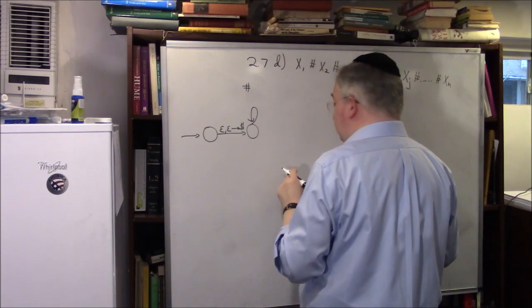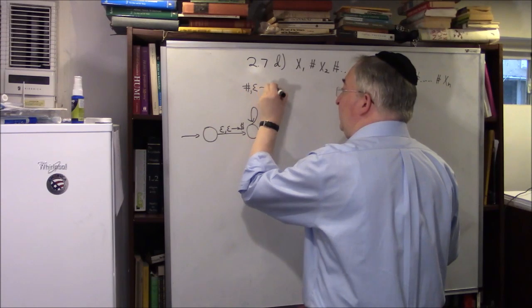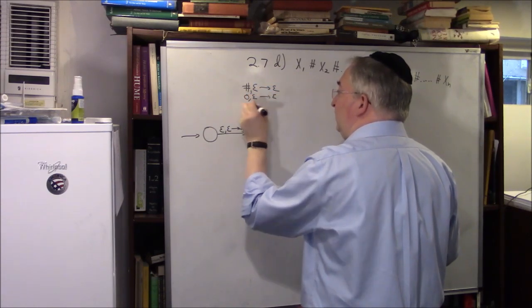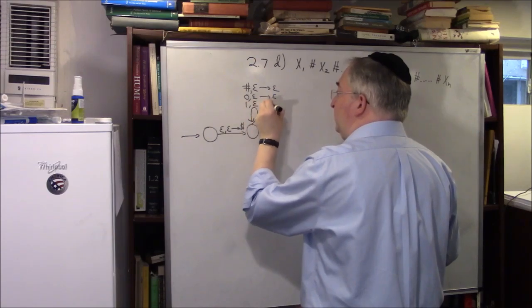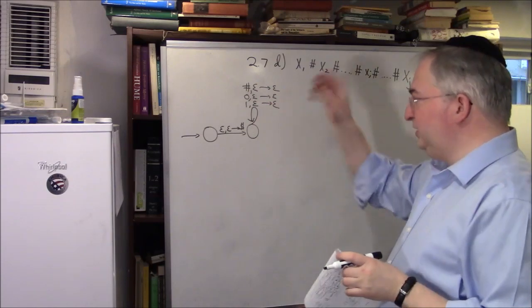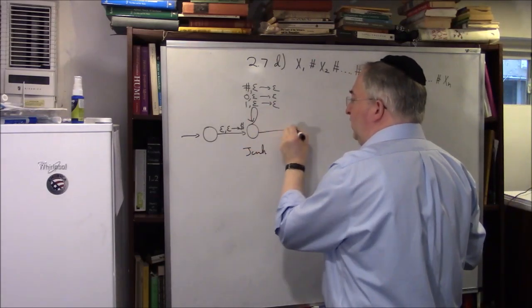It's part of the junk. Epsilon, epsilon, 0, epsilon, epsilon, 1, epsilon, epsilon. I'm sorry, I said push on. No, just read past. This is junk. Read past the junk. Okay, great.